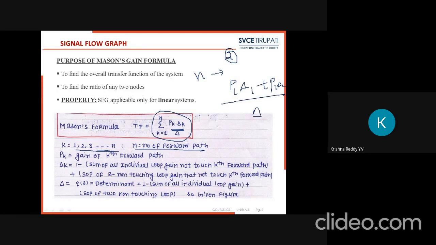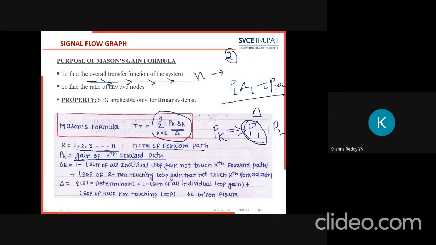What is Pk, or P1, P2? Pk is the gain of the kth forward path. If you are moving from input to output, the product of these block gains is known as P1. It is the gain of the kth forward path.